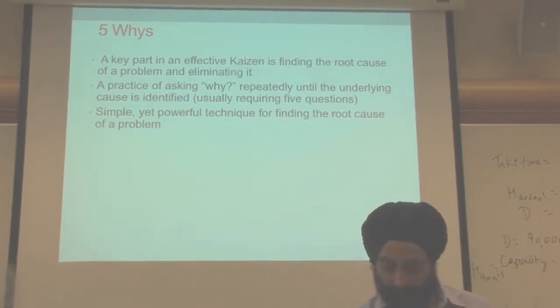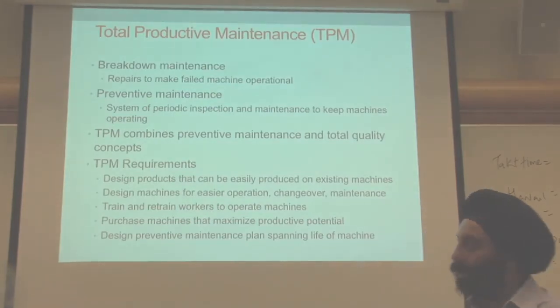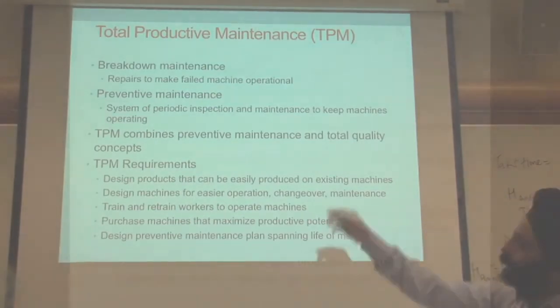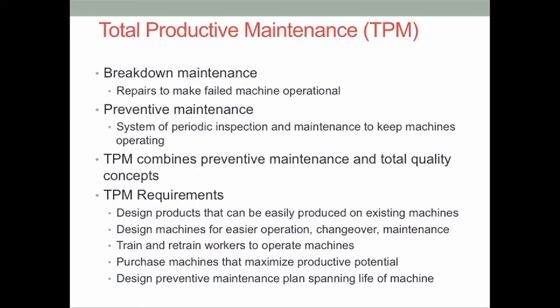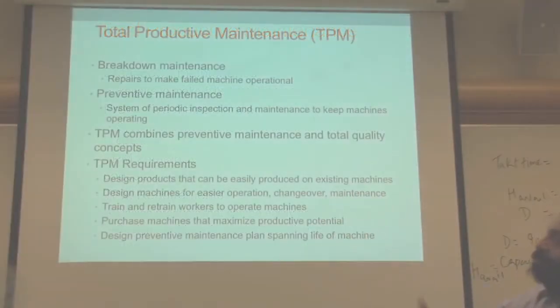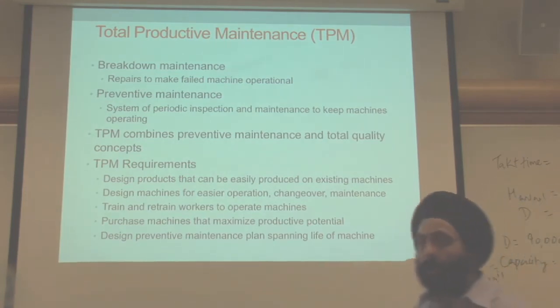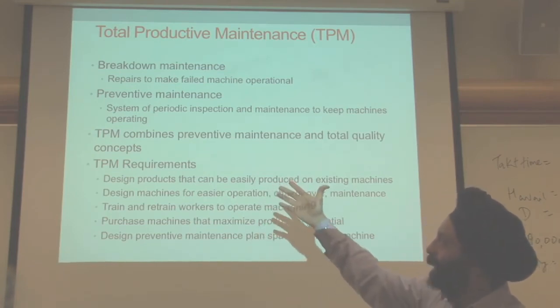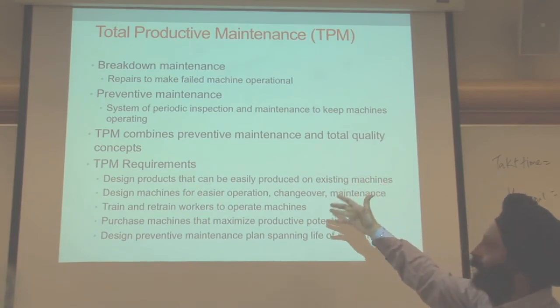Now, in terms of total productive maintenance, one is breakdown maintenance, repairs to make failed machines operational. Second is preventive maintenance, a system of periodic inspection and maintenance to keep machines operating and stop them from failing in the first place. So TPM combines preventive maintenance and total quality concepts.